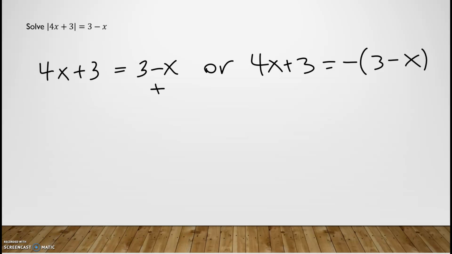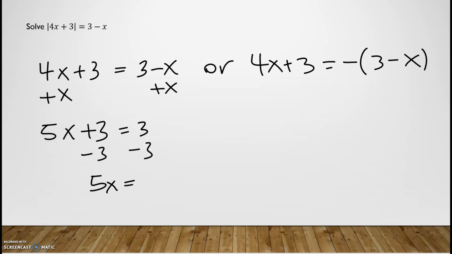So I'm going to add x over here. So that's going to be 5x plus 3 equals 3. Subtract 3 from both sides, so 5x equals 0. Divide both sides by 5. 0 divided by anything is still just 0.